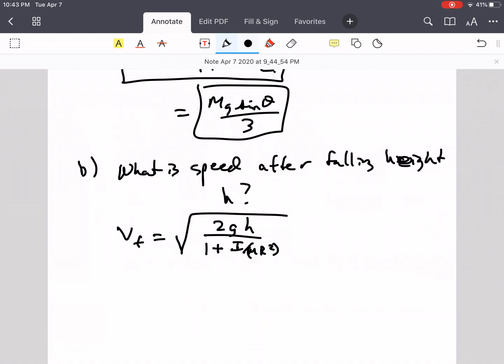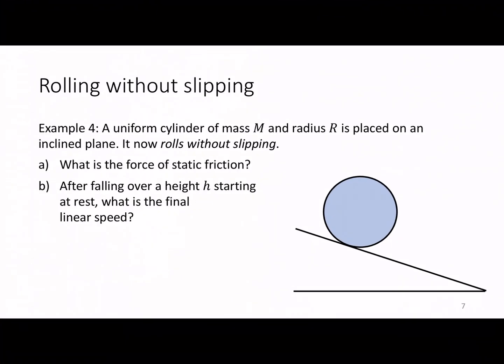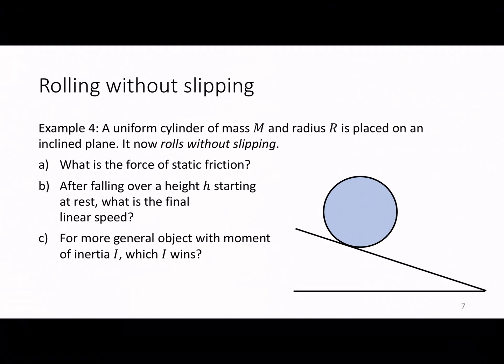And the question is, what happens if I change the shape of my object? So we're going to go ahead and watch a video here, and I want you to try to make some predictions. For a more general object with moment of inertia I, which one wins? So we have a few objects that we know. We have a solid cylinder.